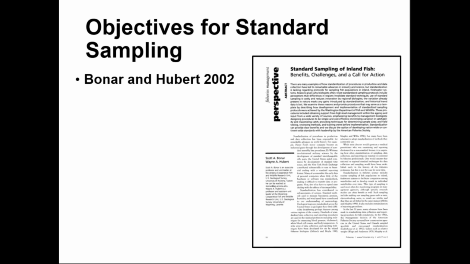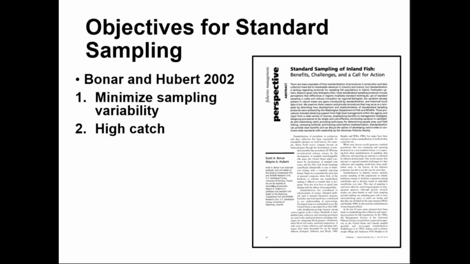So, the objectives of a standard sampling method were proposed or described by this paper by Bonar and Hubert in 2002. These objectives were to minimize sampling variability, maximize catch, and have an estimate of the effort required to meet catch and precision objectives.